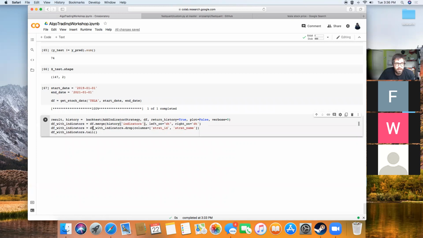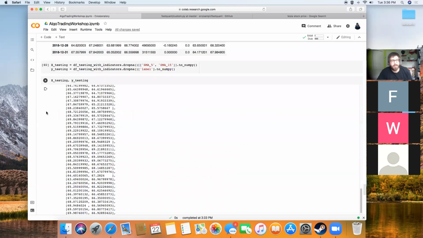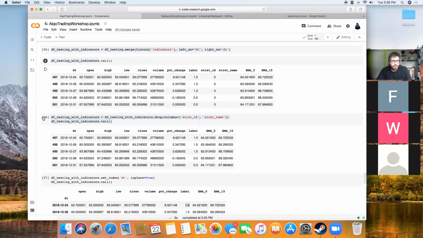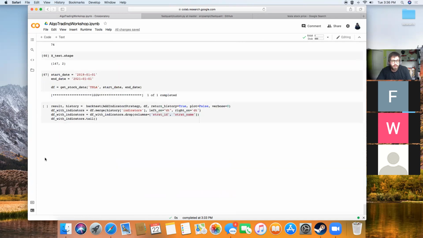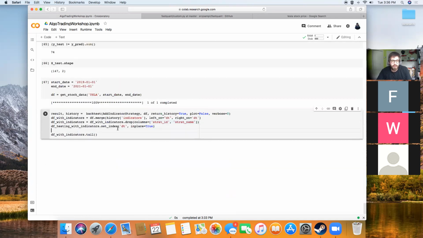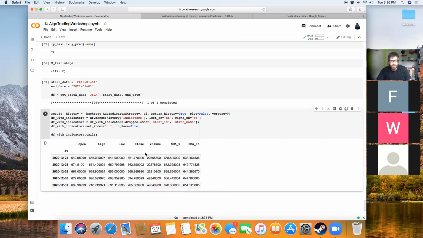And we are dropping these two columns that come with the history, and there's still one that does the index. Okay, here it is. So we need to make the dt the index. Okay, let's see if it works.